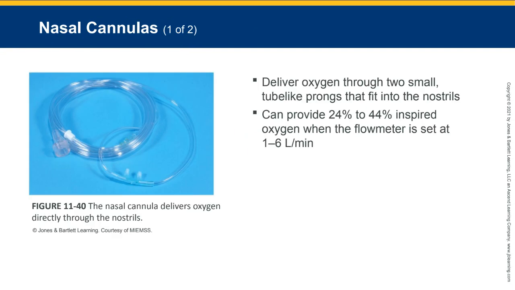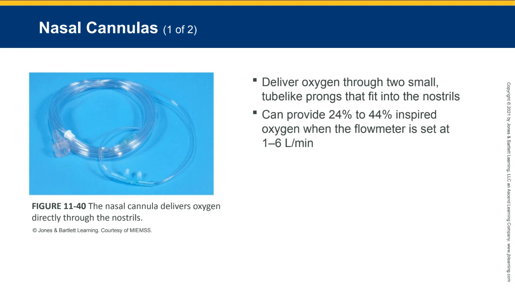Now, nasal cannulas, which are your low flow device, deliver oxygen through 2 small tube-like prongs that fit into the nostrils. They can provide 24 to 44% inspired oxygen when the flow meter is set at 1 to 6 liters per minute.